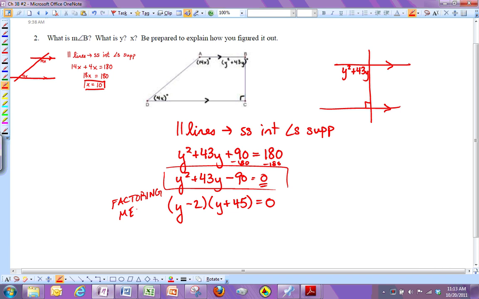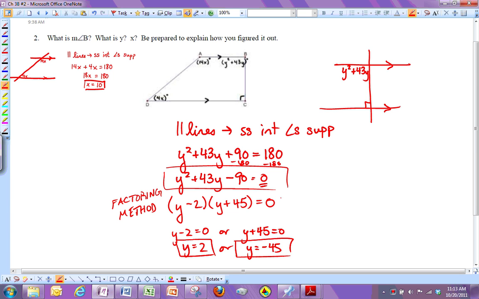Now I've got two things multiplied together to equal 0. So either the y minus 2 is 0, or the y plus 45 is 0, or they're both 0. So in this case I get y equals 2, or I get y equals negative 45. Okay, so I get two answers. I'll come back and check those in a second.